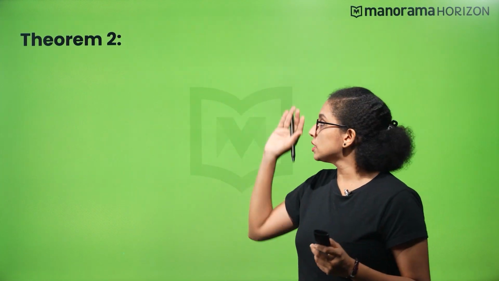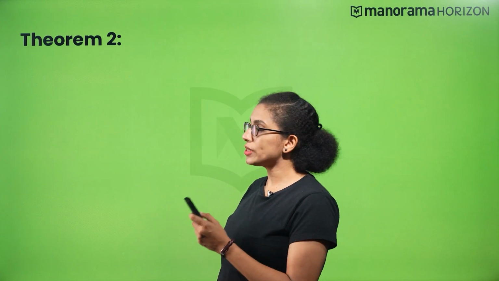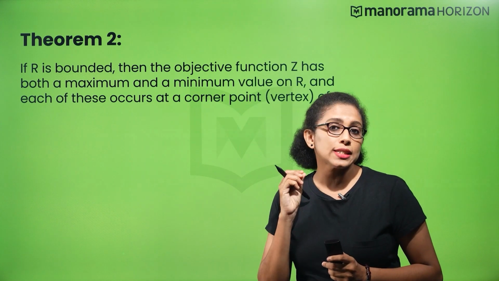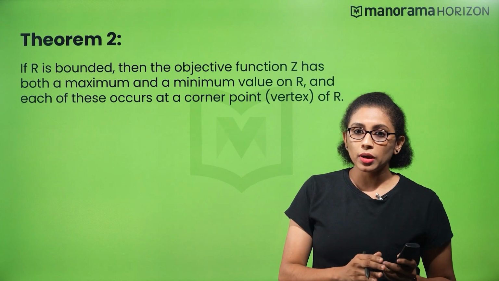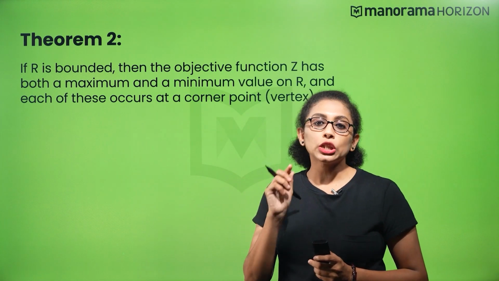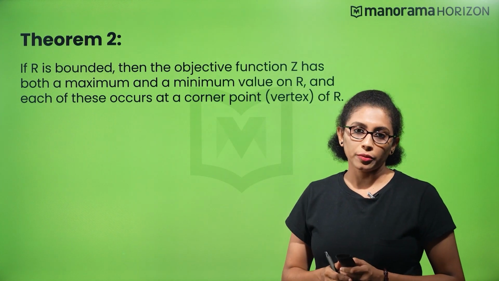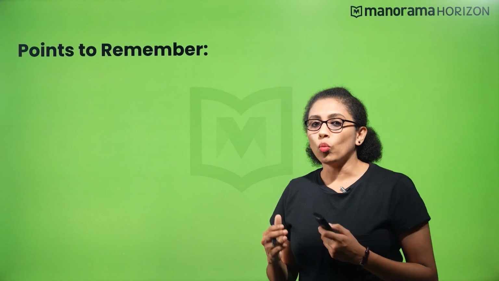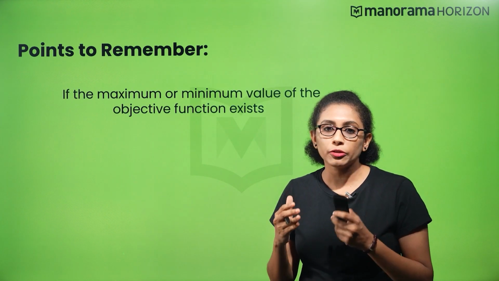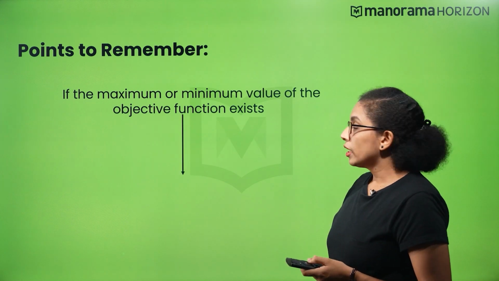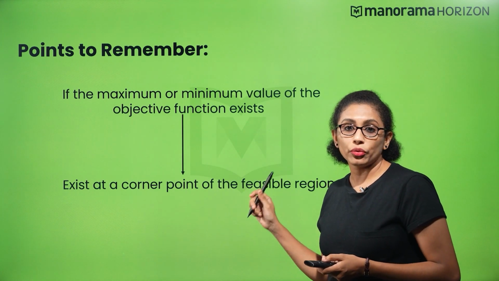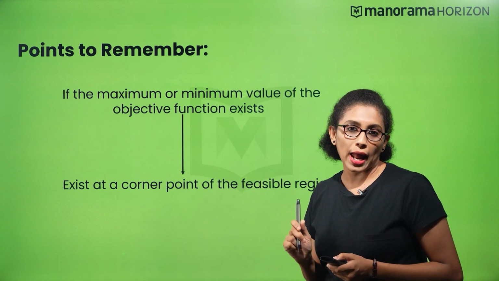Now, here comes theorem number 2. Theorem 2 states that if R is bounded, then the objective function Z has both a maximum and a minimum value on R, and each of these occurs at a corner point of the region. All of you have to remember one thing: if the maximum or minimum value of the objective function exists, it will exist at a corner point of the feasible region only and nowhere else.